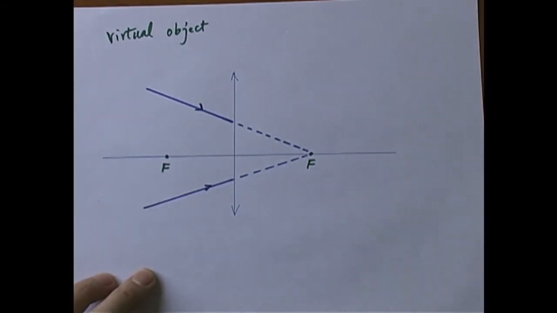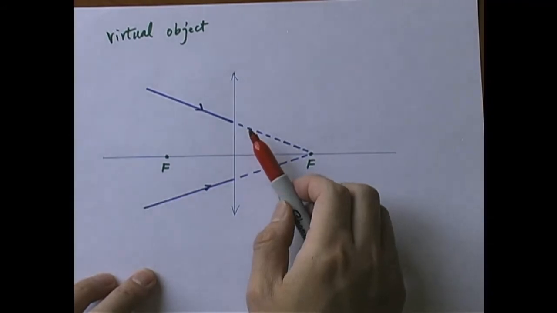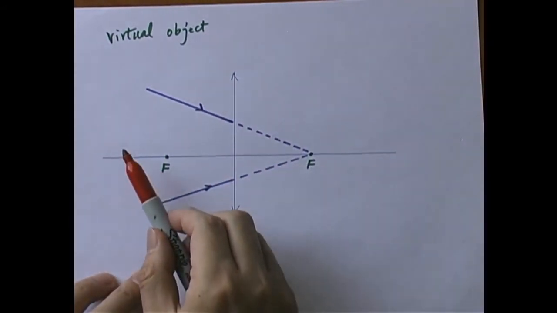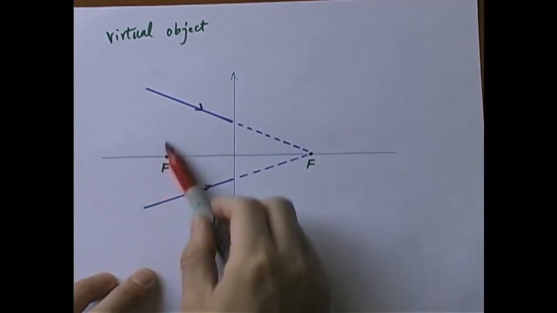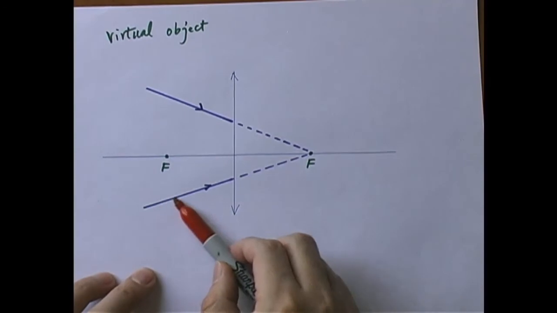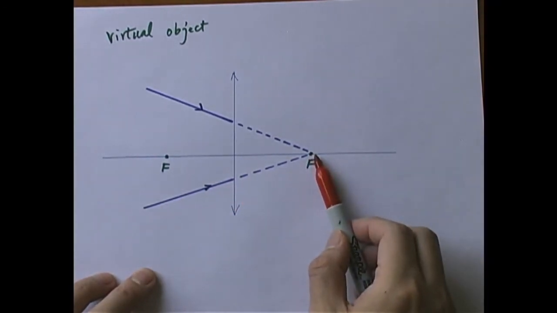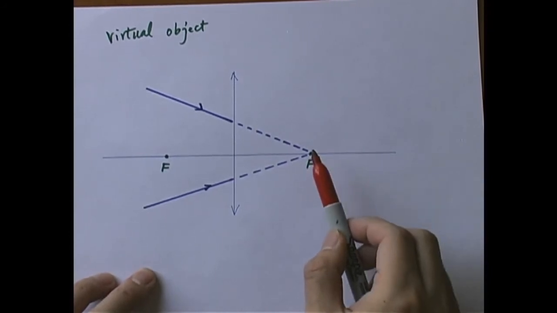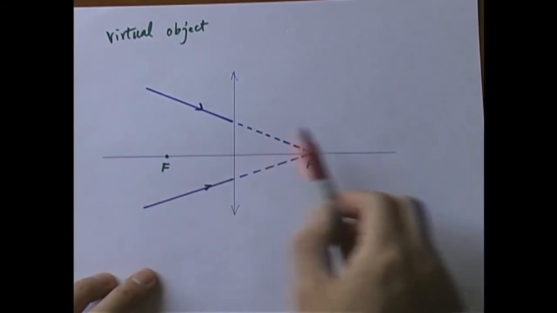Well, this calls for the idea of a virtual object. You know, a real object is supposed to be in front of the lens or the mirror, on this side, right? Light comes from there. And here, you extend these light rays back, you get something behind the lens or behind the mirror. No object is supposed to be there. Object is supposed to be here, the image is supposed to be there.